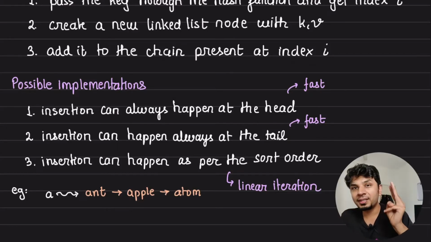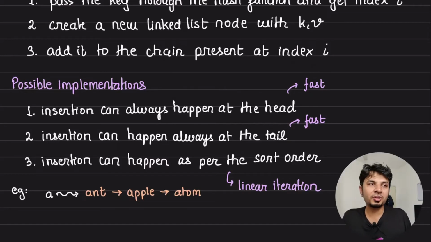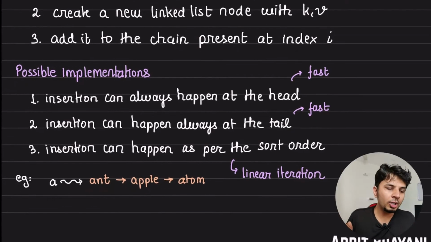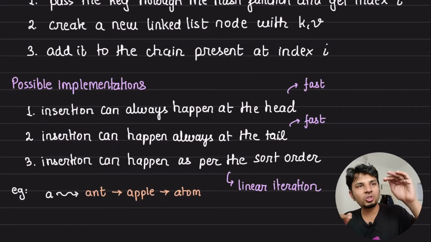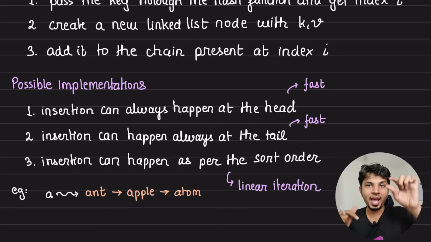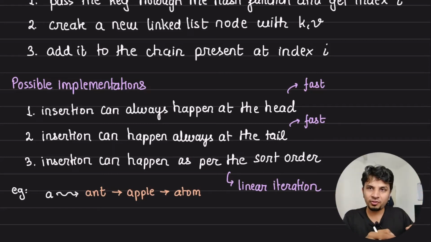But there is a third implementation, where you want to maintain an inherent order. For example, you are storing strings as keys, and let's say you have created 26 slots, A to Z. So the A slot of the array would contain a linked list of all the keys that start with A, right? Now, because strings are comparable, you might want to have a lexicographical order.